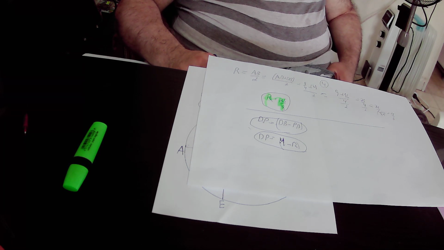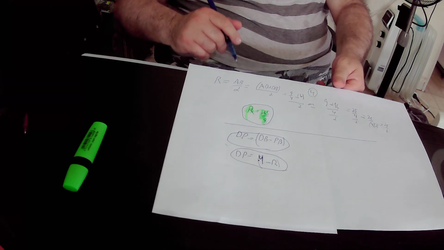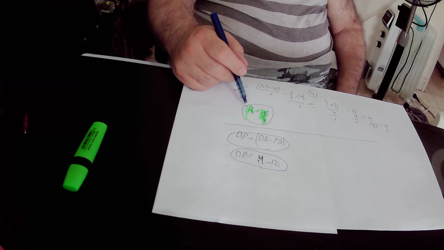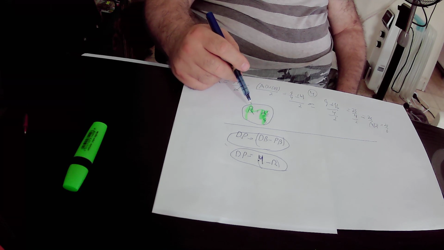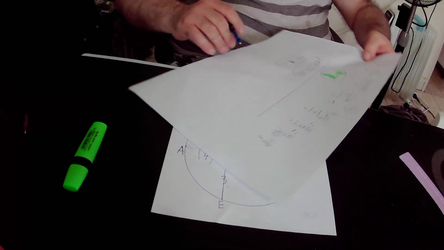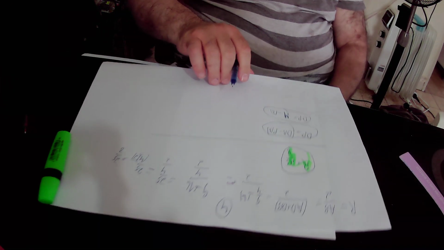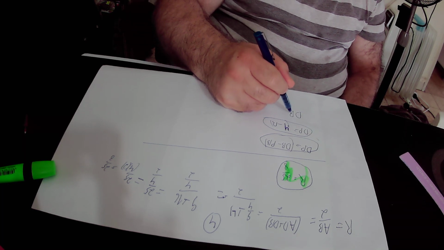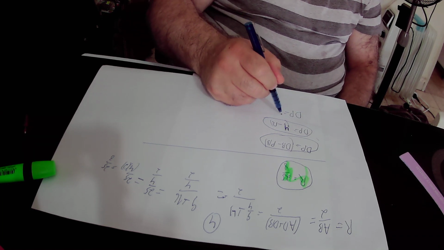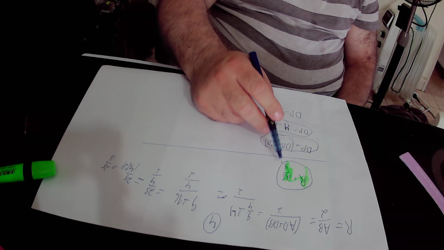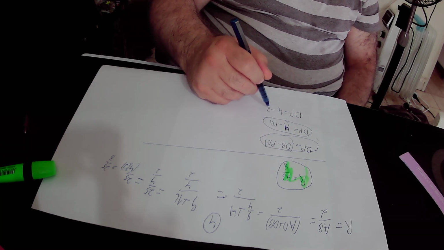but we have already found out that capital R, this is the radius of the big circle. Here it is equal to 25 over 8. So we substitute capital R by 25 over 8. We'll do it now. We will get that DP equals to 4 minus the radius of the big circle, that is 25 over 8.